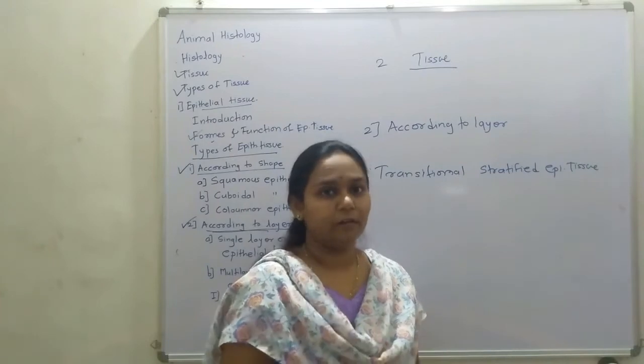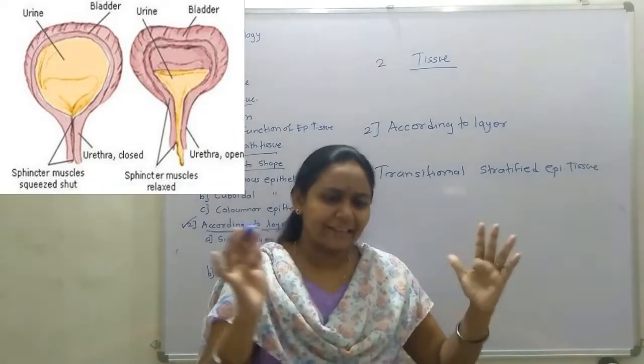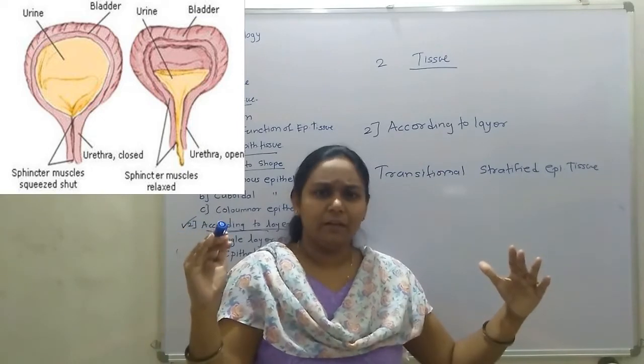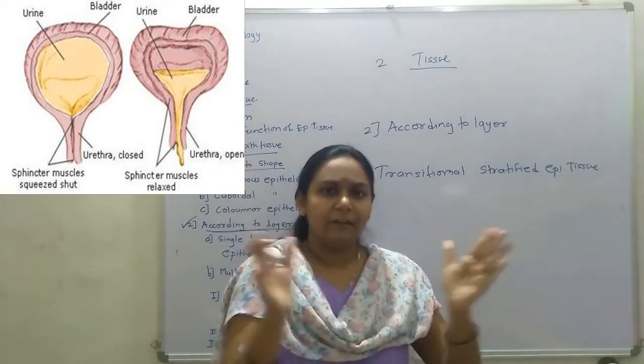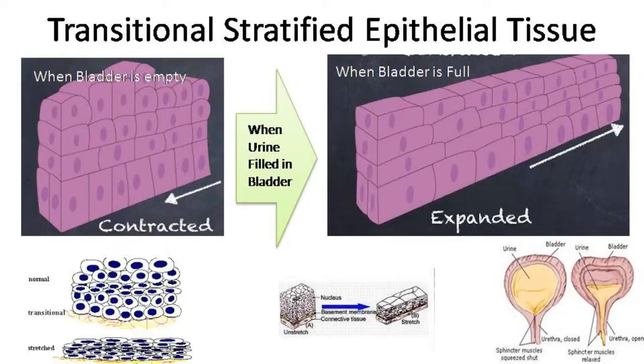In our urinary system, when the urinary bladder is filled with fluid, it is stretched and bigger, and the epithelial cells are flat. When the urinary bladder is empty, it is compressed. The cells are of different shapes, transitional or changeable. When filled, the cells are stretched or flat, but when empty, they are compressed and larger.